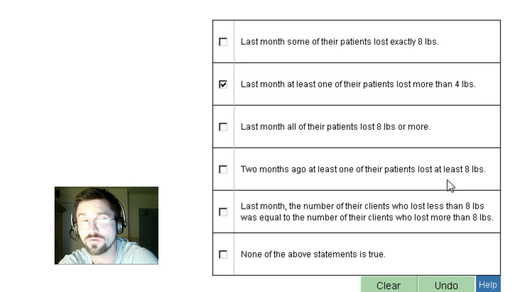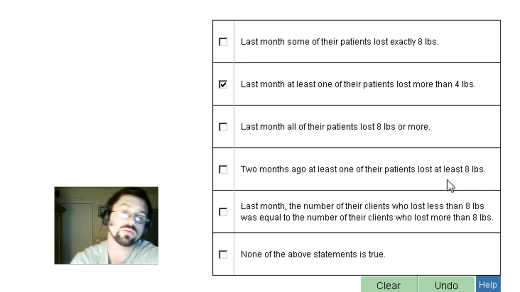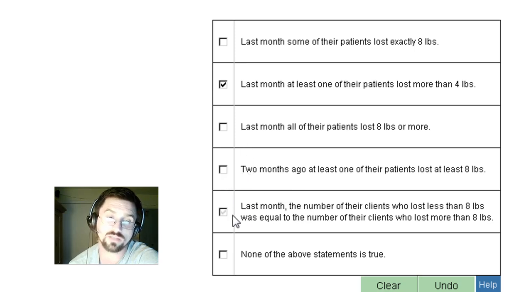It's saying 2 months ago. And from the data we have here, which is based on last month, we can't infer anything about 2 months ago. They might have not even been open 2 months ago. So we cannot check that box, even though the second part of the sentence seems true and would be true if the antecedent was last month. Anyway, so we can't check that.